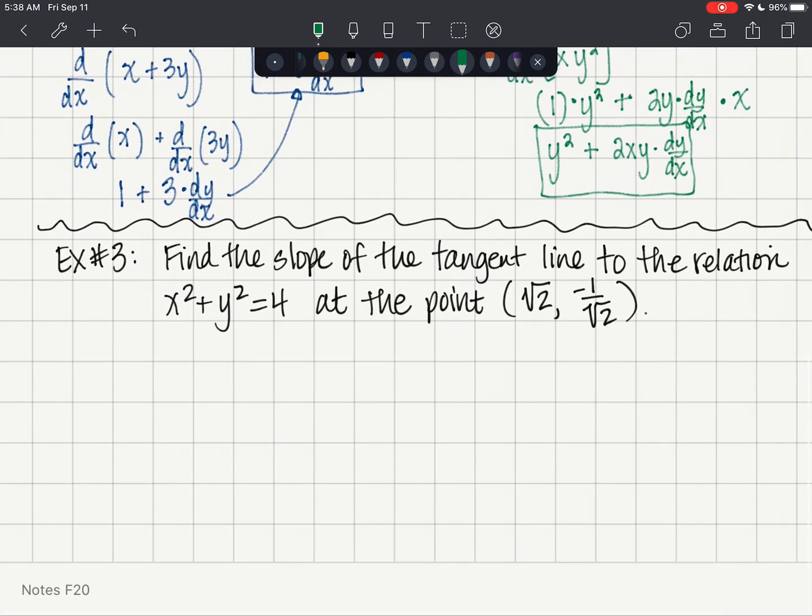So let's find the slope of the tangent line to the relation x squared plus y squared equals 4 at the given point, square root of 2, comma, negative 1 over square root of 2. Now when I put a square root of 2 in for x, and a negative 1 over square root of 2 in for y, it should make this equation true.